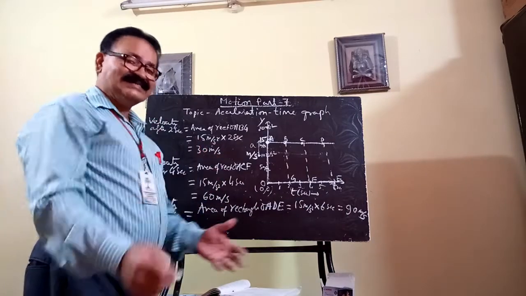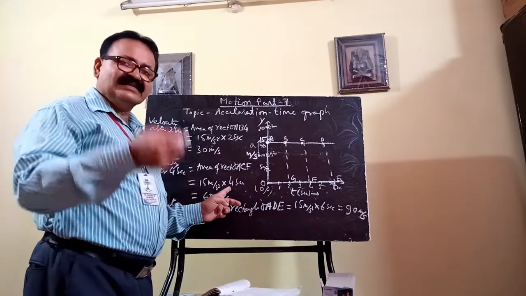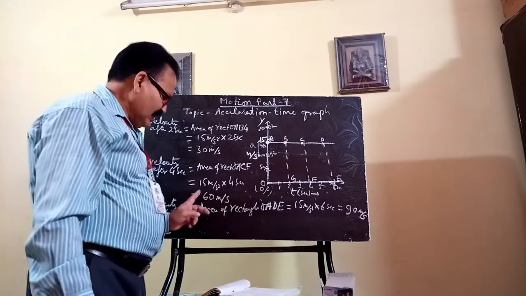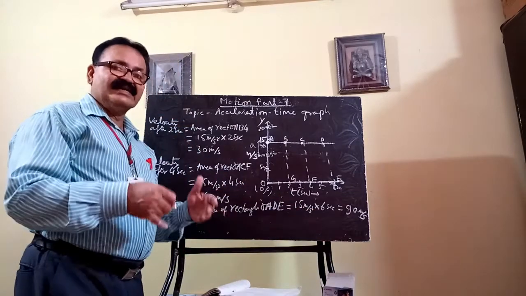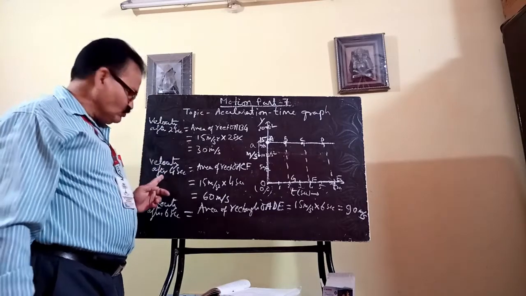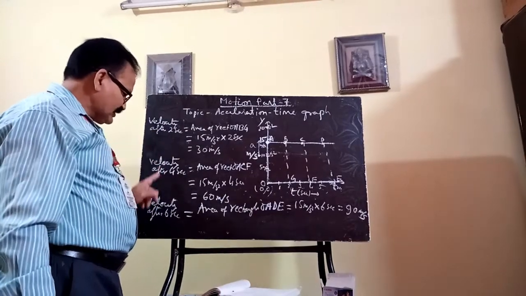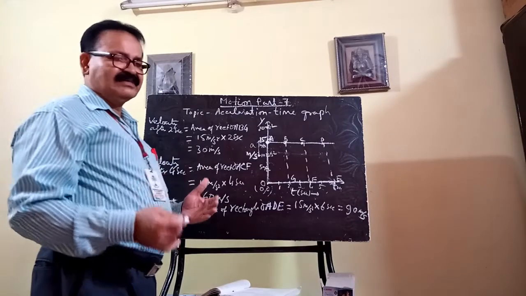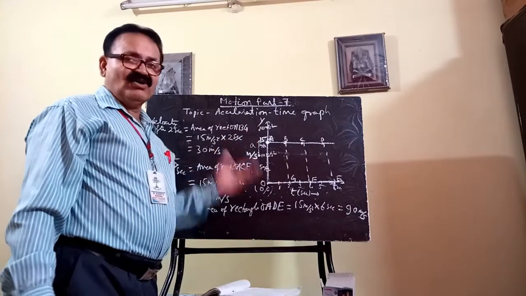The increase in velocity from 30 to 60 is 30 meter per second, and from 60 to 90 again 30 meter per second. The time interval between these consecutive events is 2 seconds, so the time interval remains the same and the increase in velocity also remains the same.